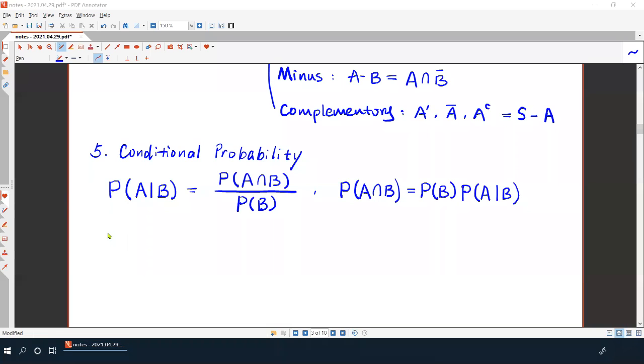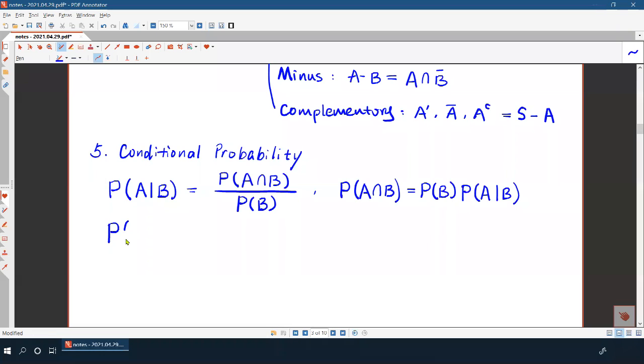And also, the probability of B given A, according to the definition, is the probability of A intersect with B over the probability of A, right?